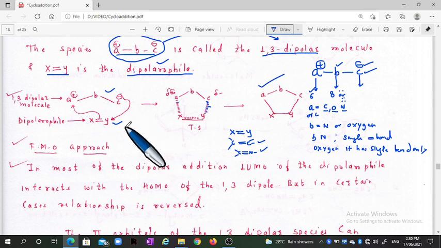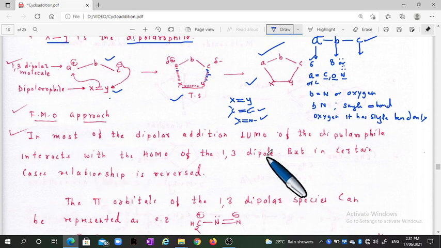In this reaction also it is analogous to the Diels-Alder reaction, and therefore it is a stereospecific syn addition reaction. The mechanism and its transition state are shown here, and the actual molecule will obtain the product as shown here.